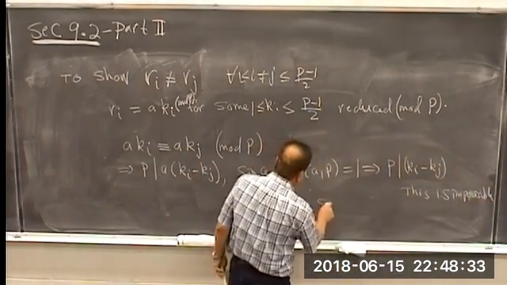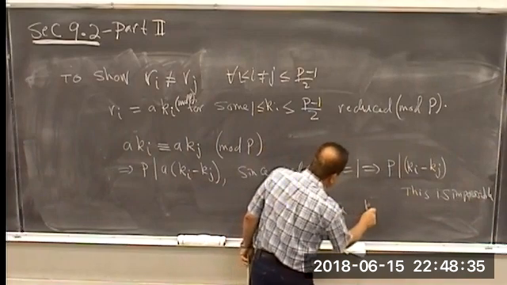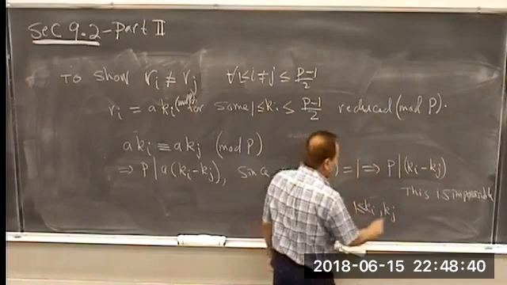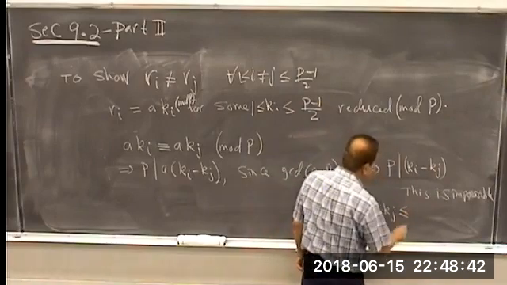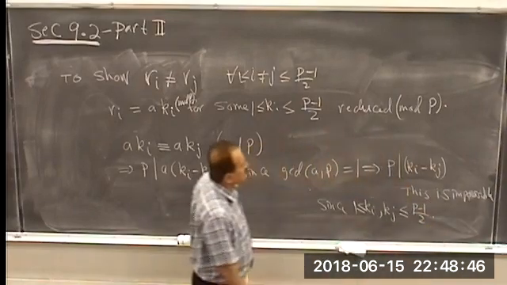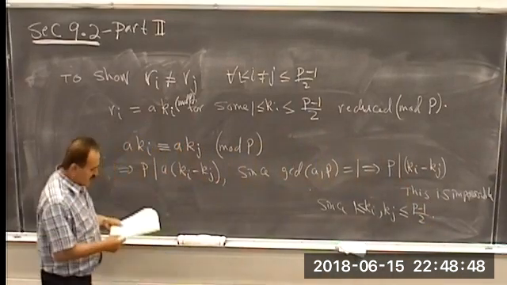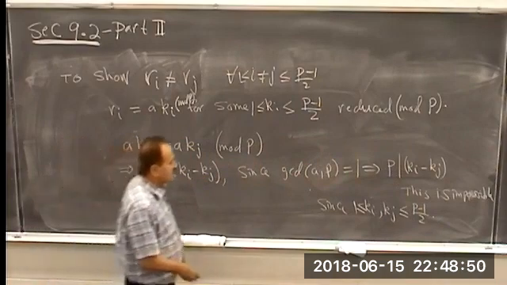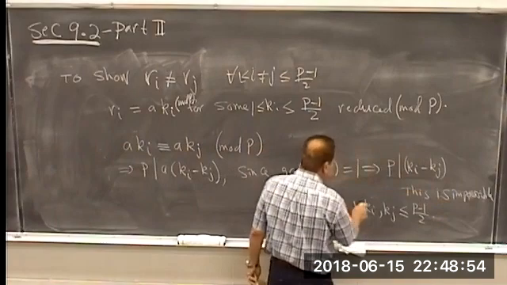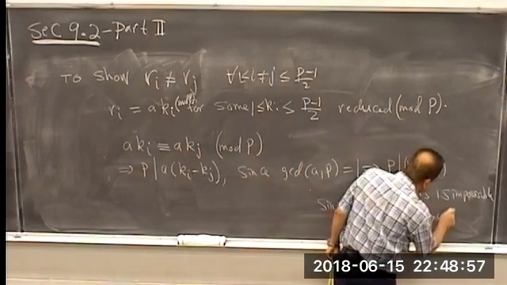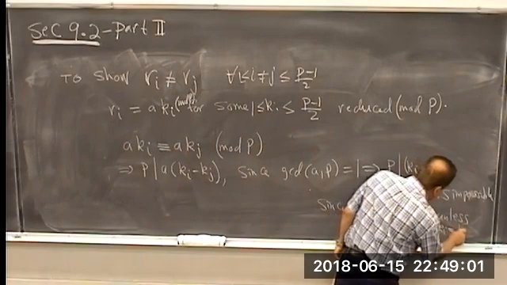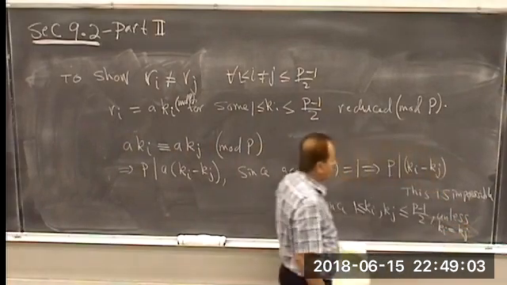Since these k sub i and k sub j are bigger than or equal to 1 and less than (p minus 1) over 2, when you take their difference, it cannot be divisible unless k sub i is equal to k sub j.